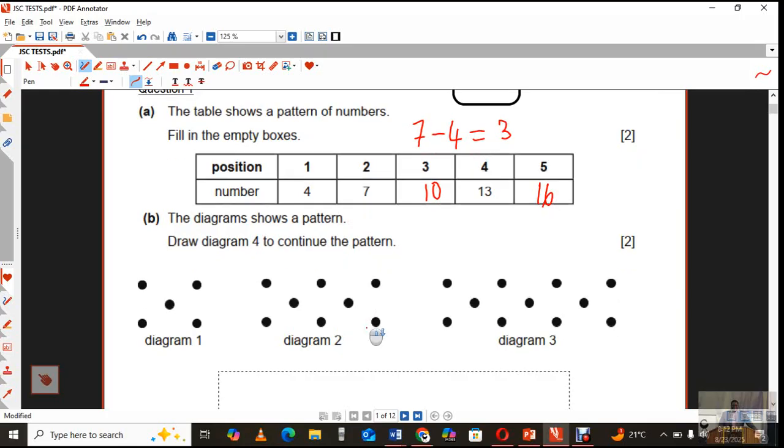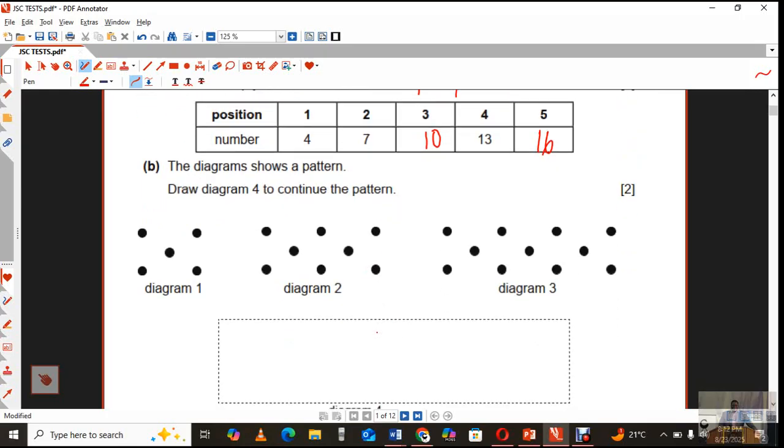Then you have a diagram here. Diagram 1 has got 5 dots. Diagram 2 has got 8 dots if you count them. Then diagram 3 has got 11 dots.